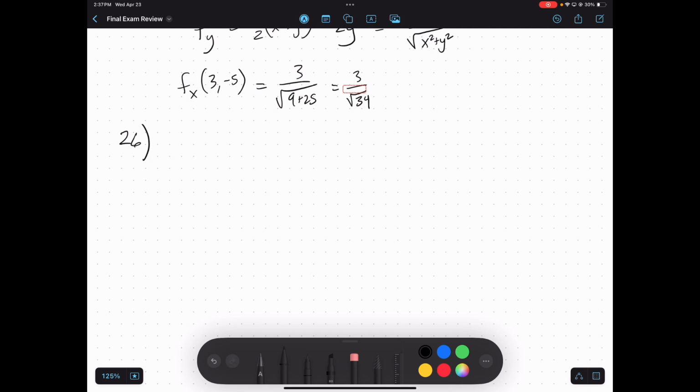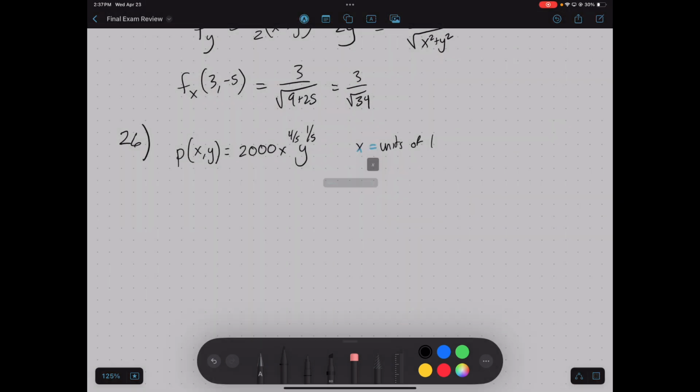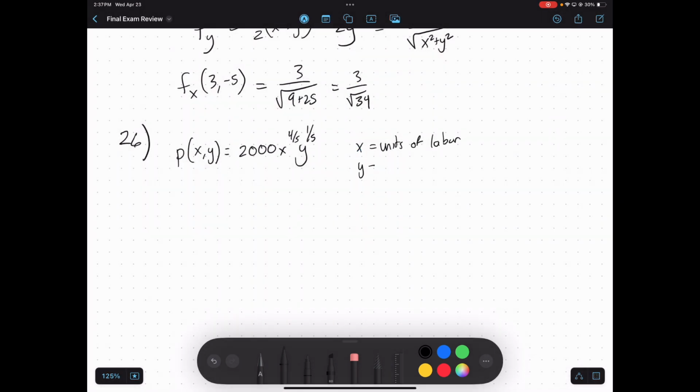And this one will look familiar. This is the units of labor and units of capital problem. So you've got a sports company whose production can be modeled as x to the 4/5, y to the 1/5, where x is units of labor and y is units of capital.